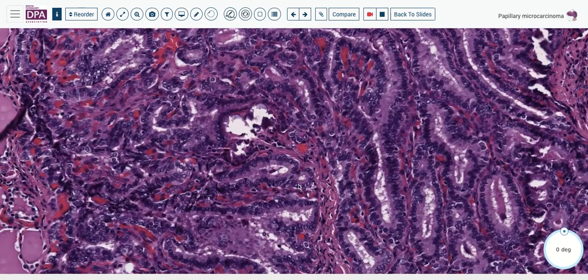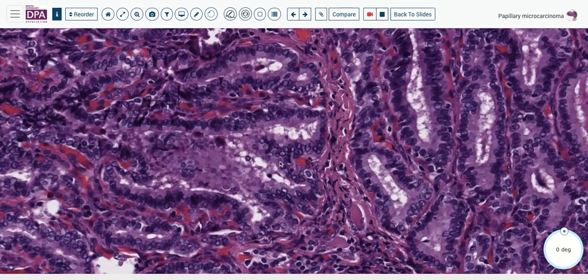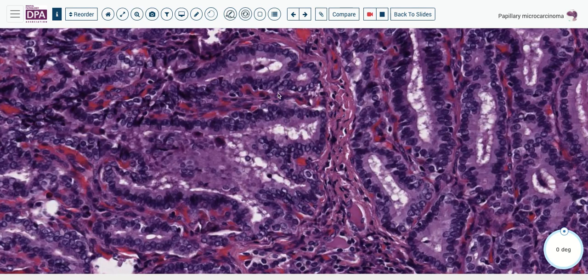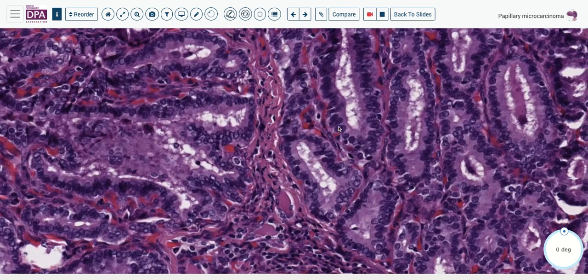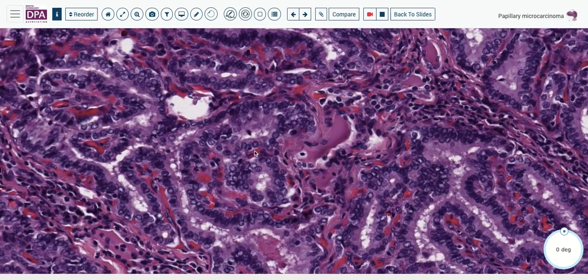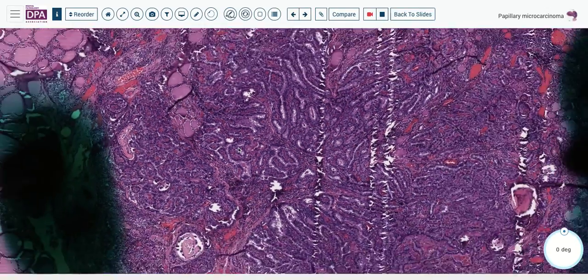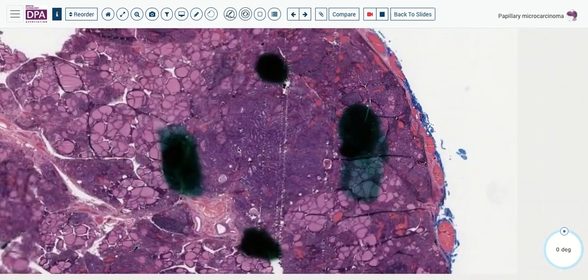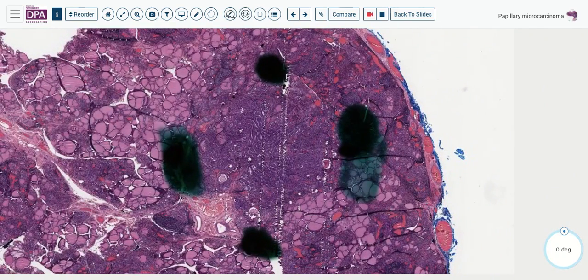And as we look at higher magnification, we see that indeed it has nuclear clearing, it has nuclear crowding, it has some grooving here on some of these nuclei, a few macronucleoli as well, and bits of sort of sticky, dense colloid as well. So based on size, based on nuclear morphology, we make the diagnosis of microcarcinoma.